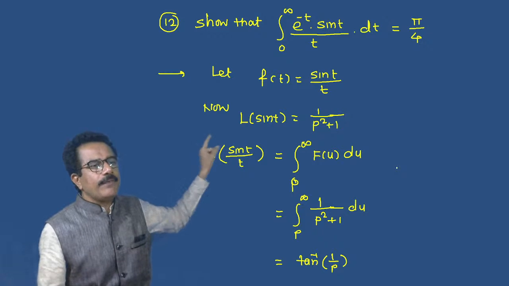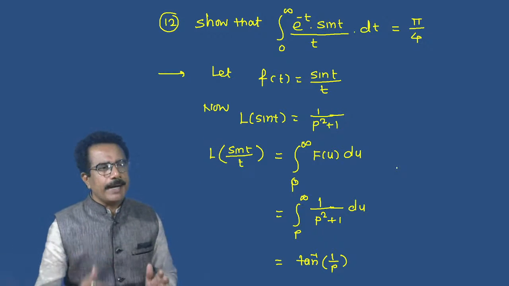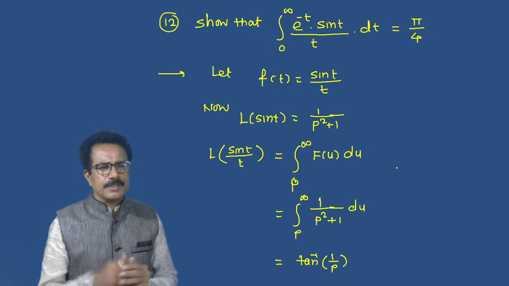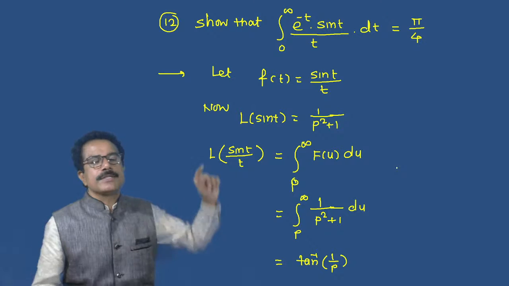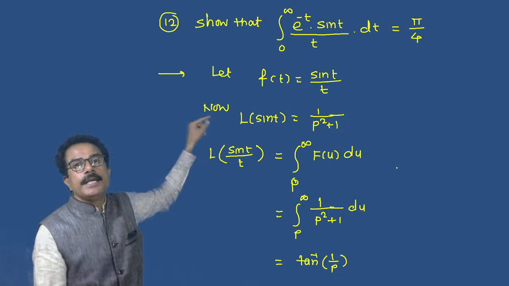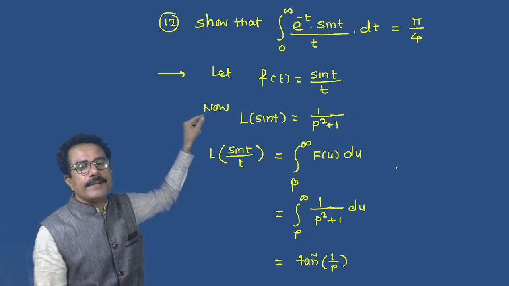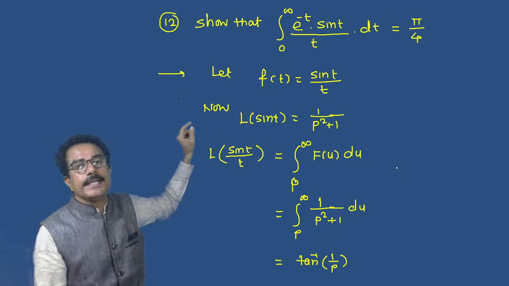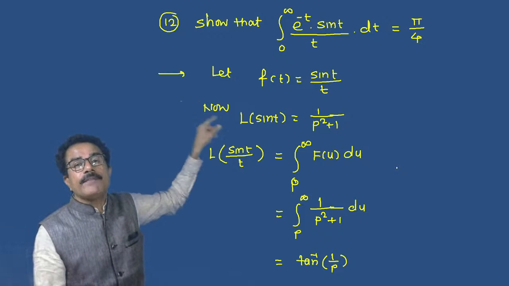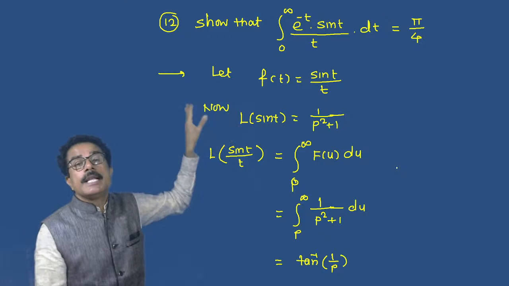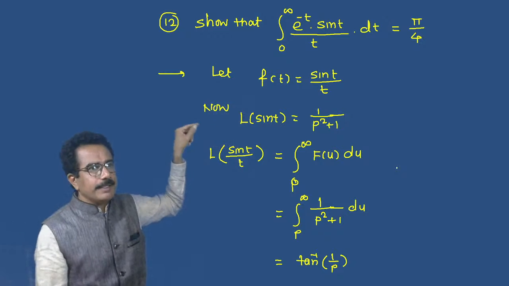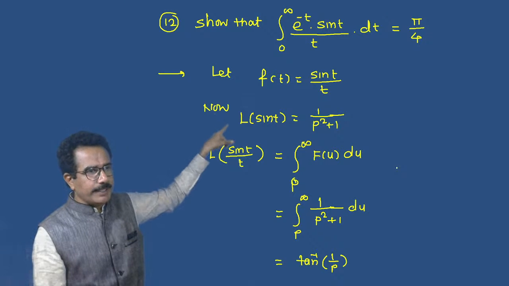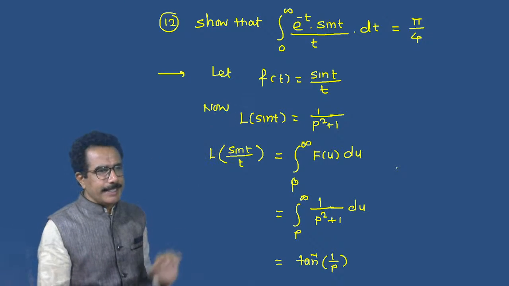So let f of t be equal to sin t divided by t, because here again we have to use the Laplace transformation definition: integral from 0 to infinity of e raised to minus pt f of t dt is the Laplace transformation of f of t.